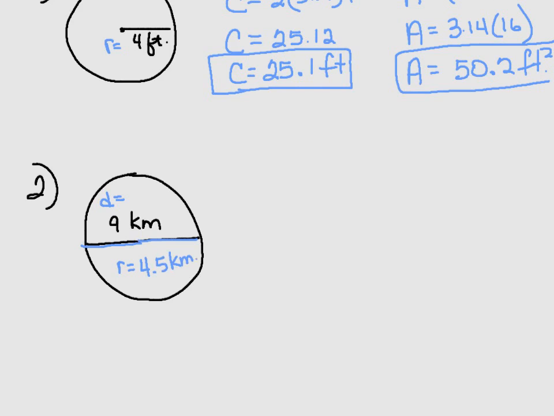So circumference equals, in this case, because we're given diameter, I can use this formula, pi times d.